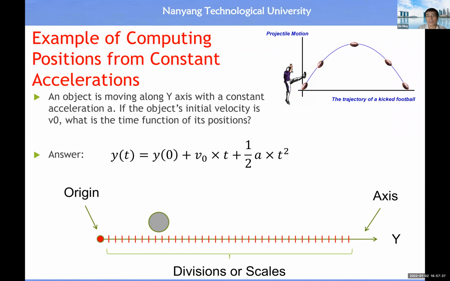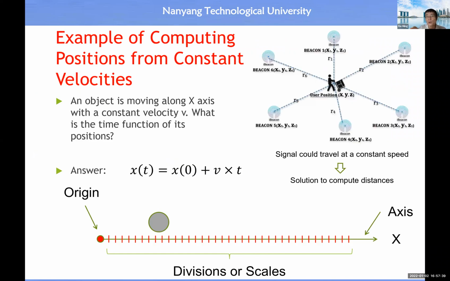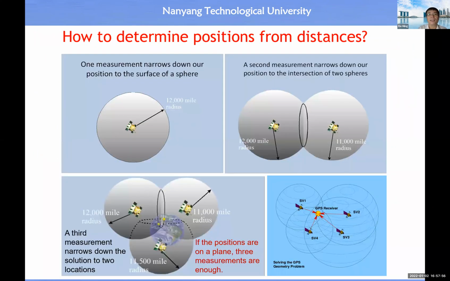Then we come to this question: how do we explore the use of a signal's velocity, which is constant, in order to come up with a product or system for the measurement or indirect measurement of position?